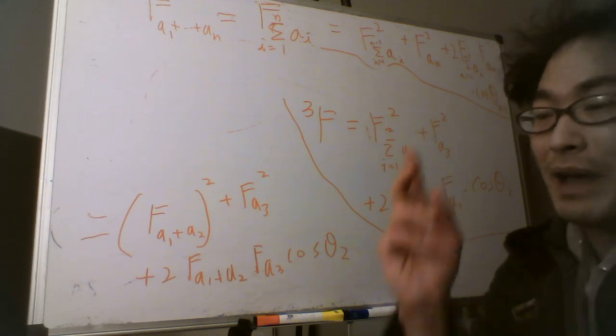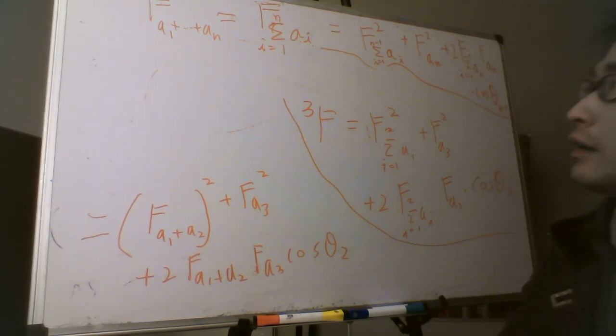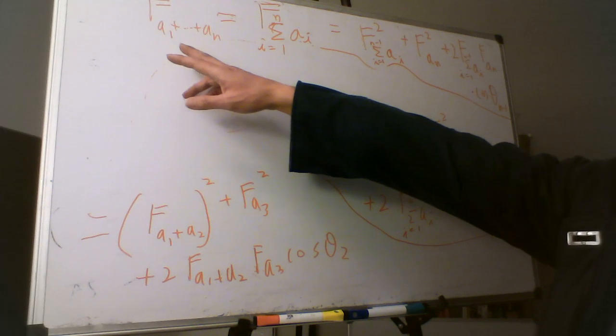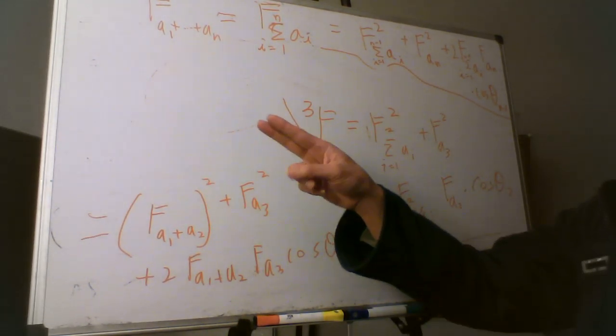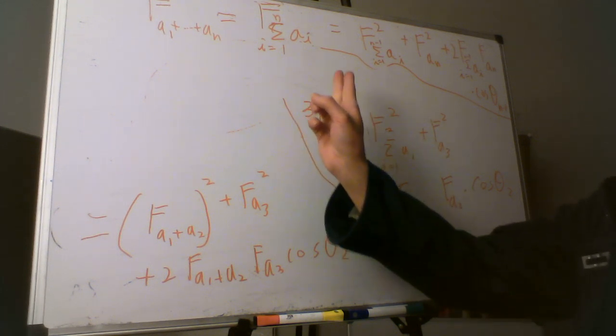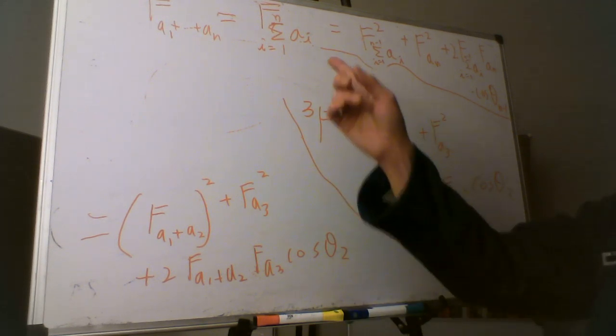We'll just deal with the magnitude, the length of a vector. So, the vector summation of n vectors: f a1, f a2, f a3, f a4, and so on, summing it up. I think this one works.